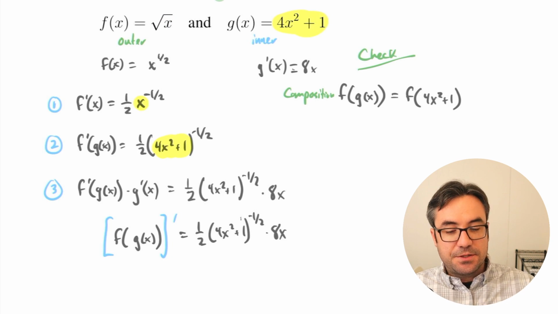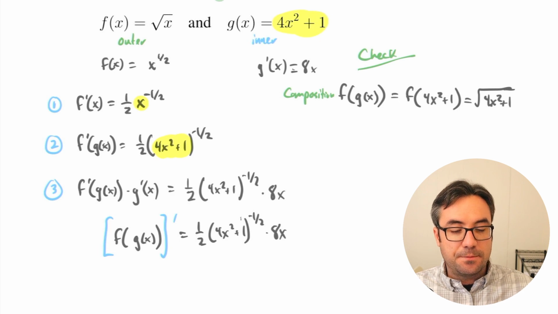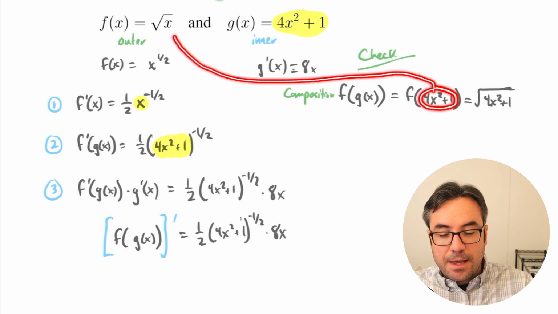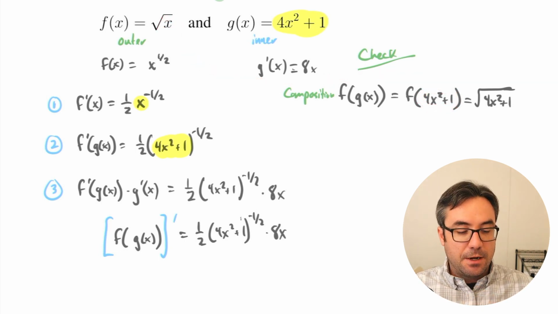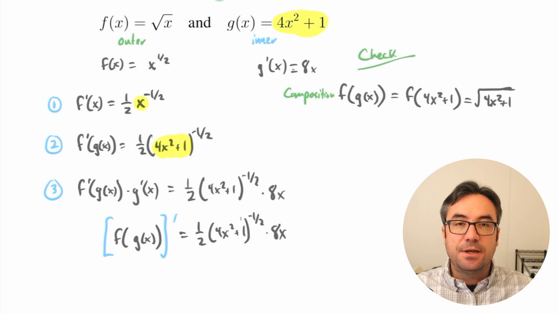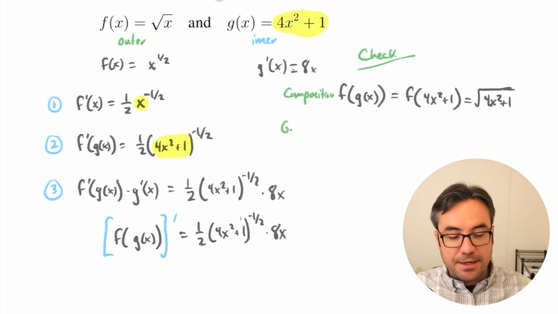So when we do this, we end up with the square root of 4x squared plus 1. I'm replacing that x right there with it. All right, so this is our composition, and we can use the general power rule to differentiate that.